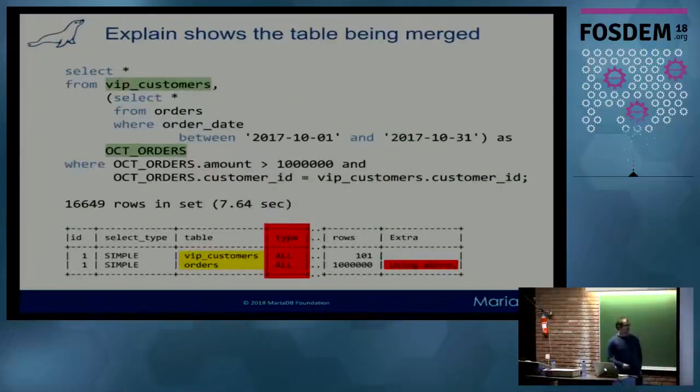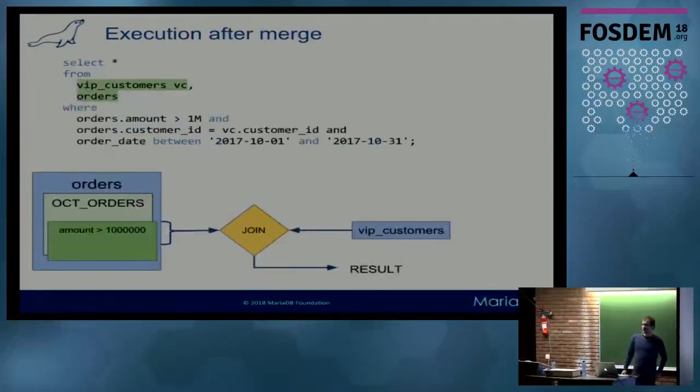If you do explain, you will see that we only have two tables visible, VIP customers and orders. We don't see October orders anywhere in the explain plan. And the execution goes as follows. We get the orders. Then we get the October orders and the amount. There's an intersection happening, so there are orders that are not in October, which have greater than 1 million amount.